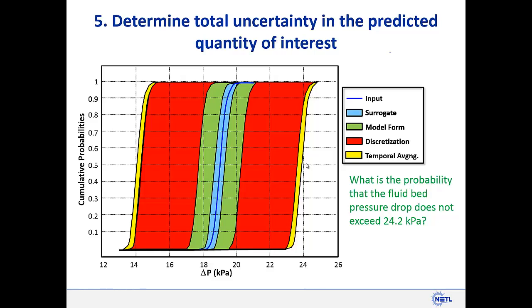So this is a different scenario. Here you can go back and interrogate this figure and figure out that I only have 80% confidence that the pressure drop will be less than or greater than this. And now the designer can decide whether to improve that or not. In some cases maybe 80% is good enough, but in some cases it may not be.